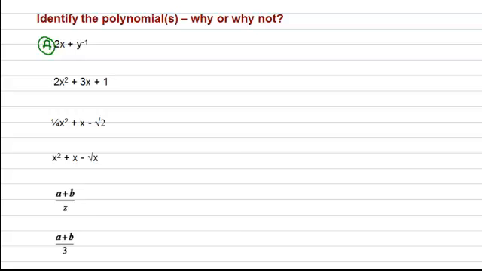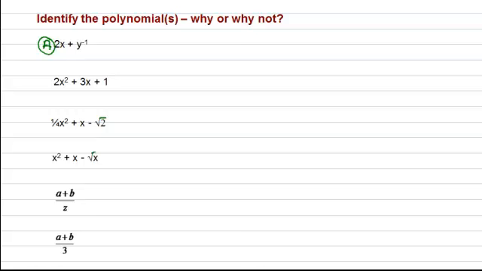So the things that will make it not a polynomial, we look at the coefficients. Are the coefficients all real? If they're real, then we know they're good. We look at the exponents. Are the exponents negative? If the exponents are negative, it's not a polynomial. And then we look at the operators, things that are happening to the variable.